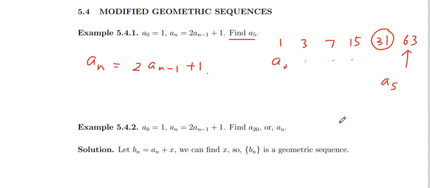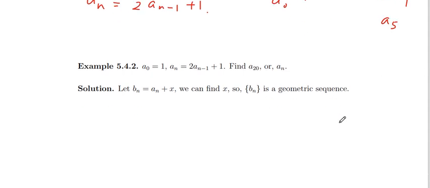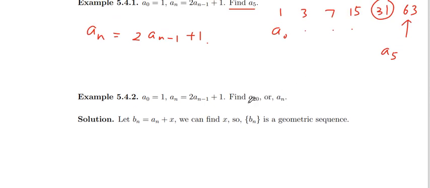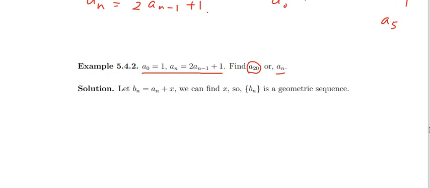Okay, so here we try to find a general formula. If we want to find a20, we cannot use this way, right? We should find a formula. So from here, how can we find a formula? The idea is we just change it a little bit. We just consider a_n plus x.